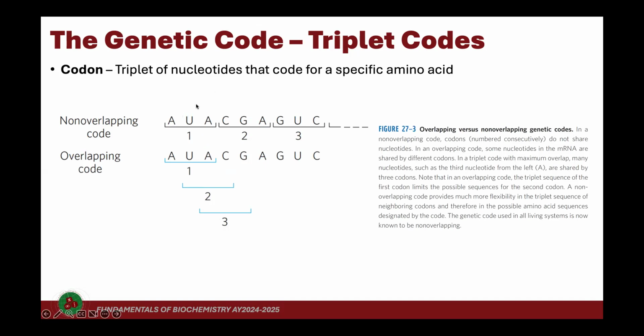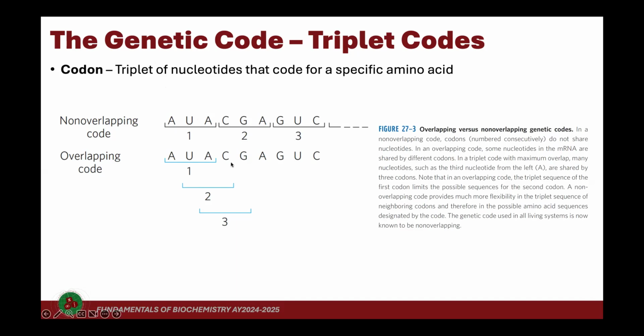So, say that we have established that the genetic code is made up of 3 nucleotides. The next question that we should ask is if the code is non overlapping or overlapping. So here we see the difference. If it's a non-overlapping code, you're basically reading 3 nucleotides at a time continuously.